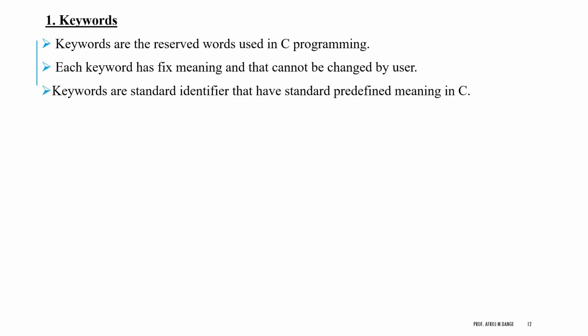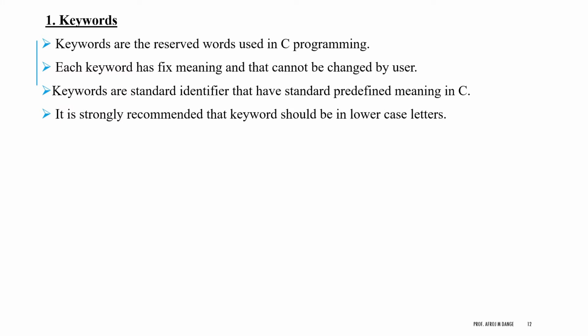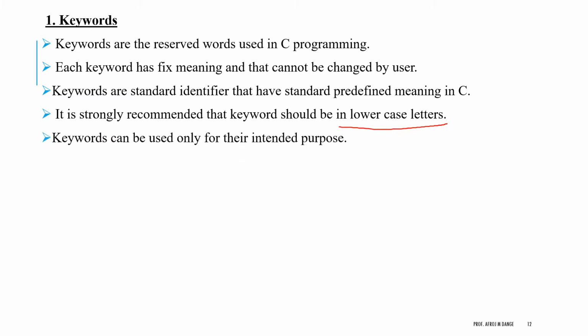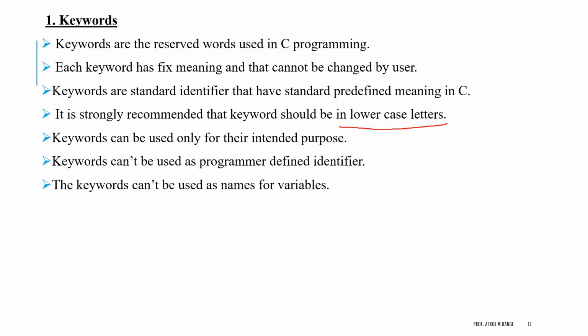Keywords are standard identifiers that have standard predefined meaning in C. It is strongly recommended that keywords should be in lowercase letters. Remember, lowercase letters. Keywords can be used only for their intended purpose. Keywords can't be used as a programmer-defined identifier.